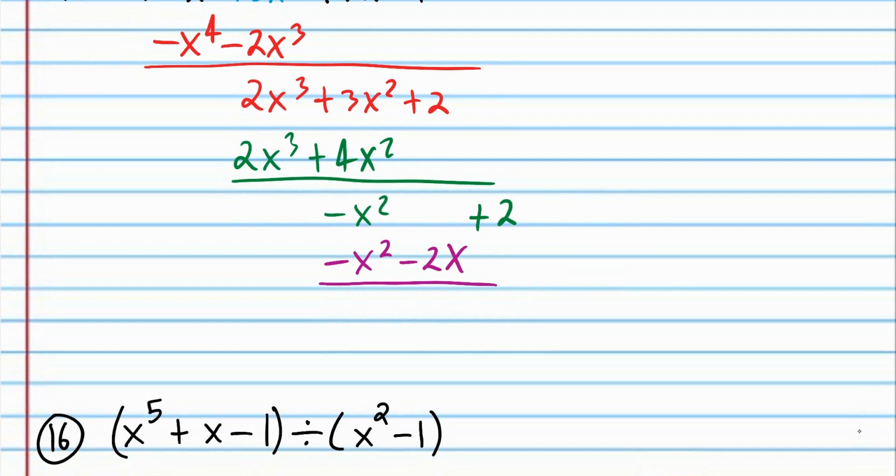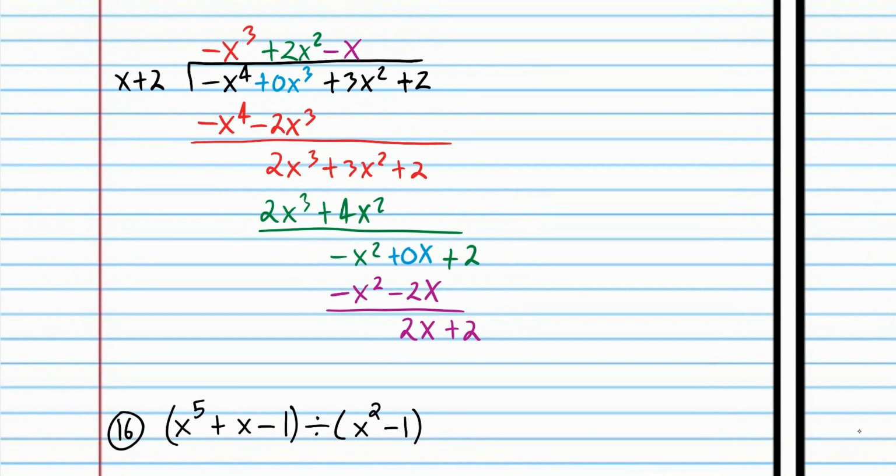We can't combine those terms. So we just consider this to be a 0x. You don't have to write that 0x term if you don't want to. It just kind of helps us see. But we subtract and we get positive 2x, and 2 minus nothing is 2.